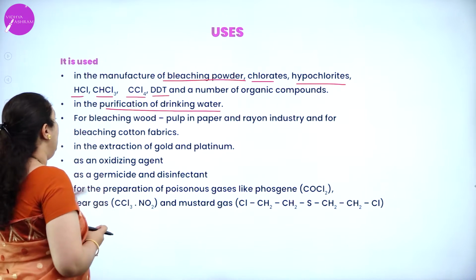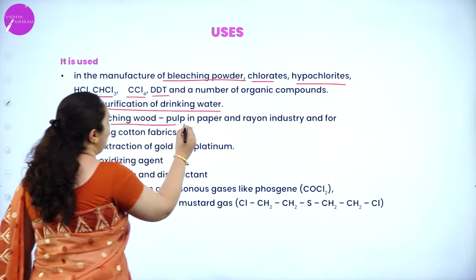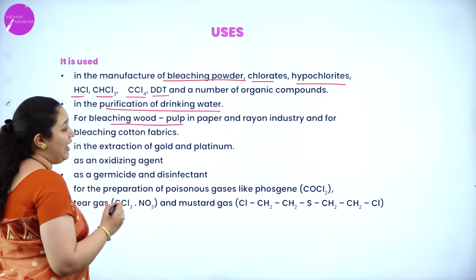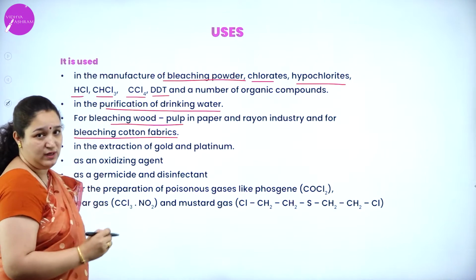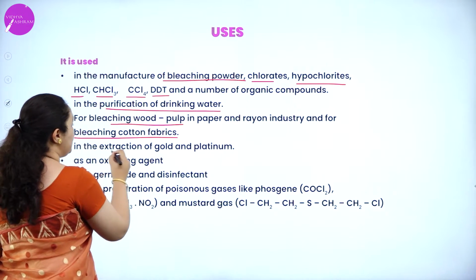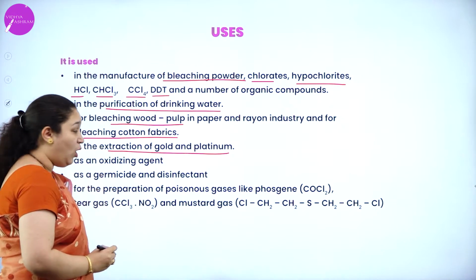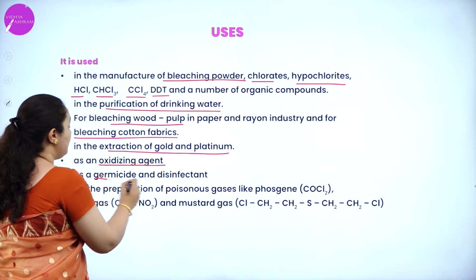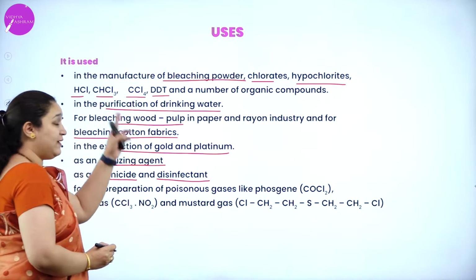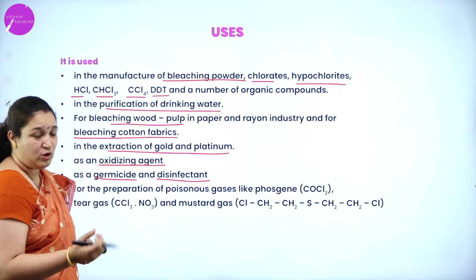Okay. Next, for bleaching of wood pulp in paper industries and rayon industries, and also bleaching cotton fabrics also it is used. It is used in extraction of gold and platinum. Also, it is used as a good oxidizing agent, germicide and disinfectant. That's why it is used in purification of water.